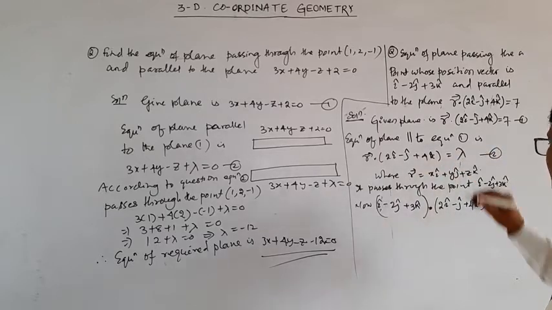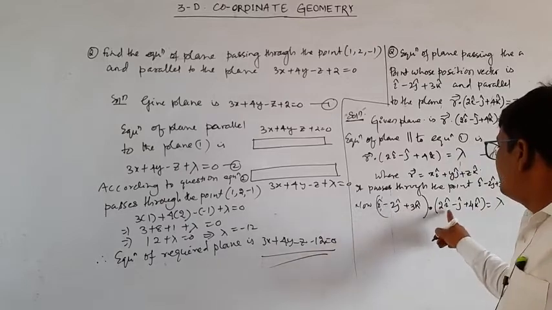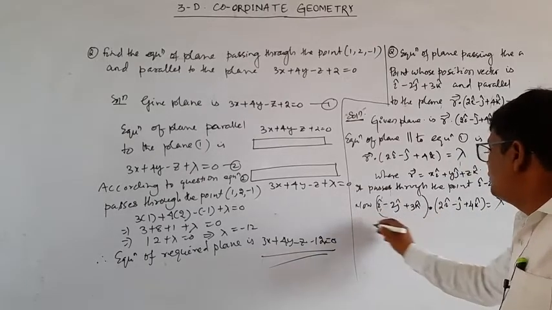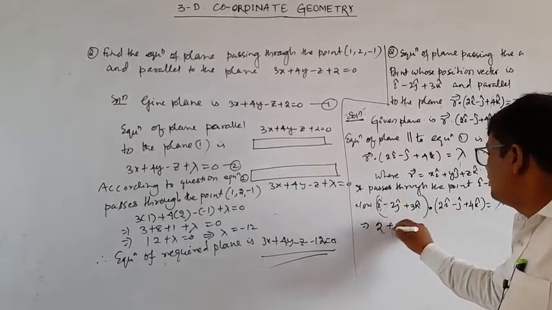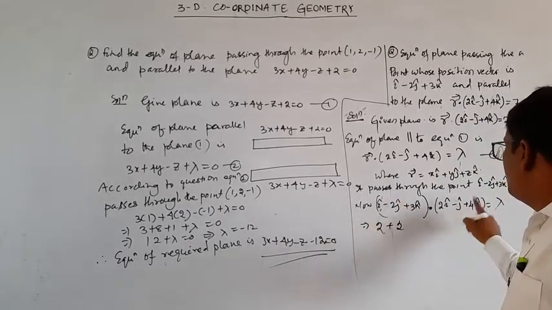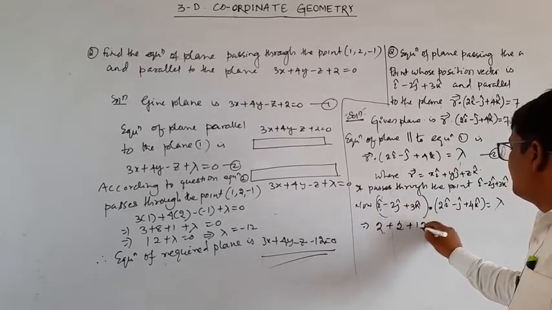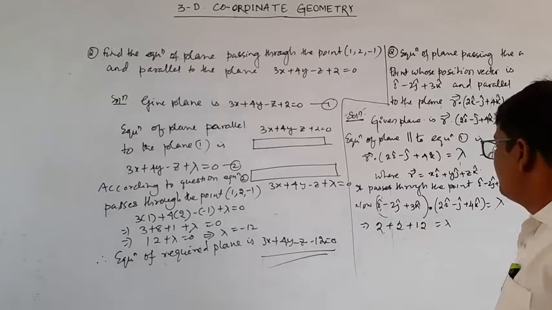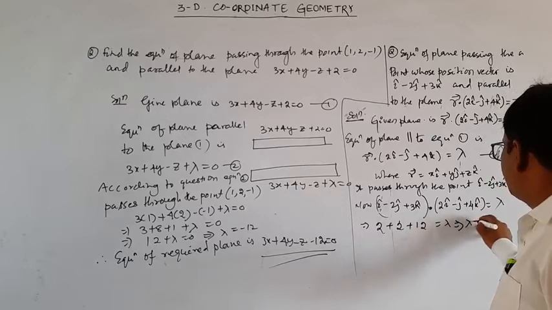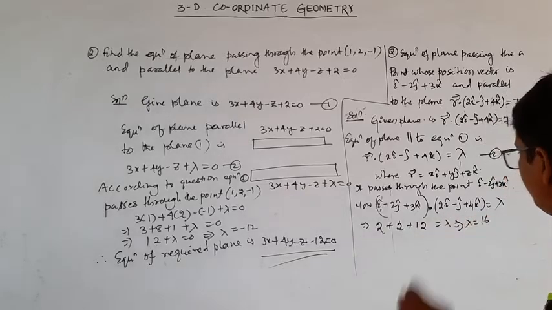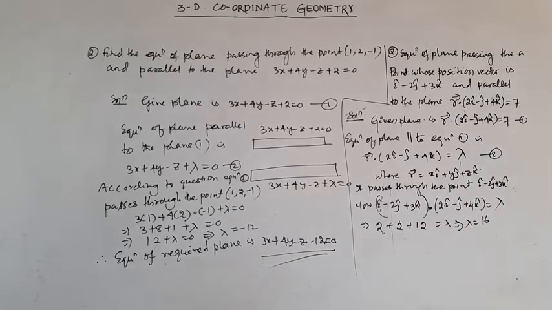This is lambda, not 7. Now 1 into 2, minus 2 into minus 1 is 2, and 3 into 4 is 12, so lambda equals 16.